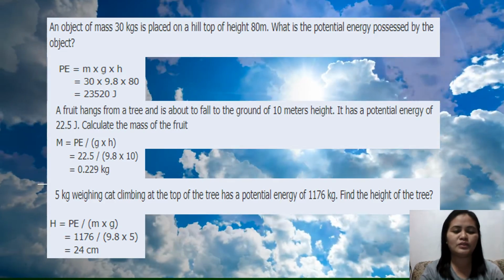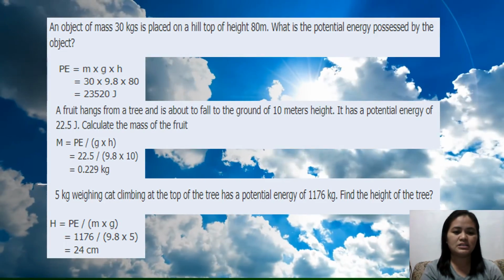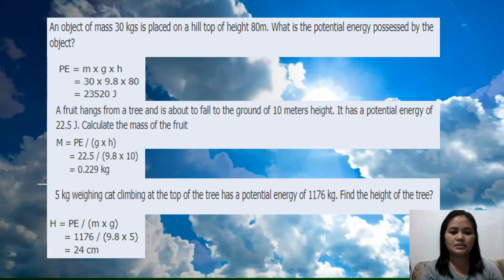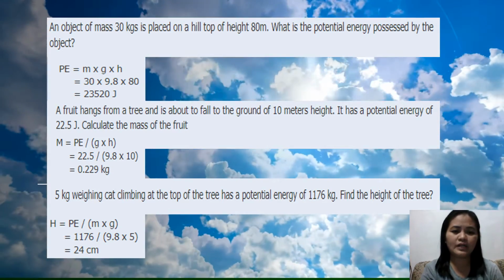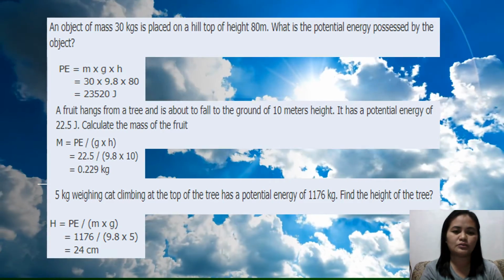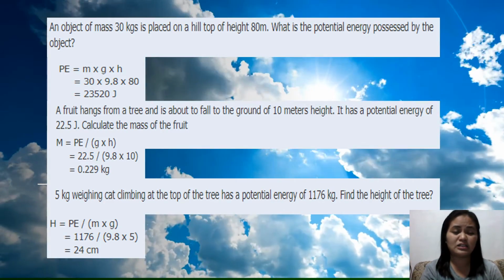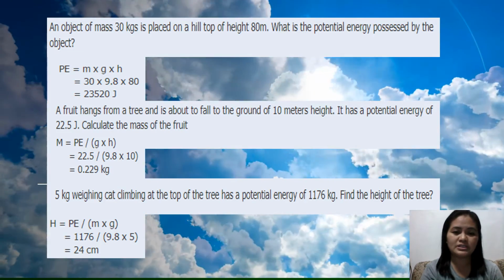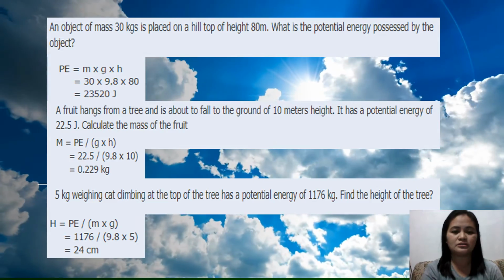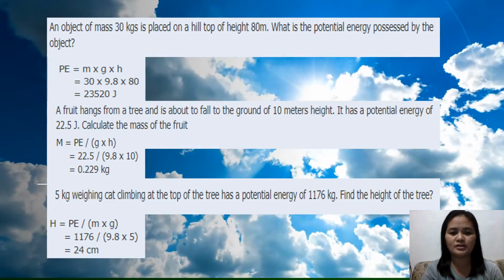Second problem, you will solve for mass. This should be small letter M. A fruit hangs from a tree. Yung prutas daw, nakabitin from a tree and is about to fall to the ground of 10 meters height. Mahuhulog na daw siya.